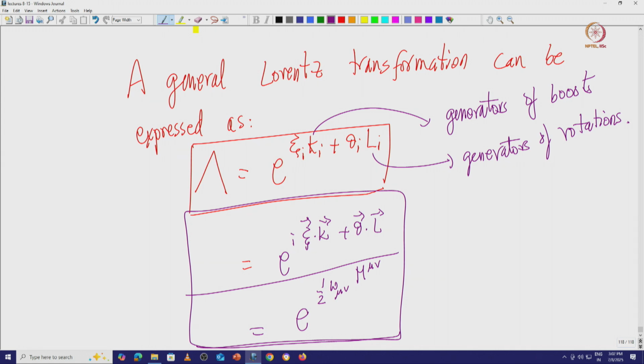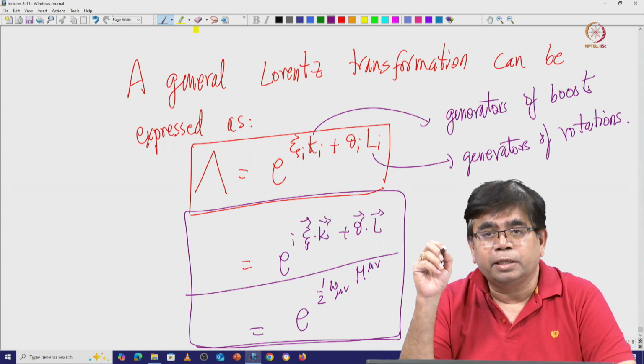Now the important point is that the representations of the Lorentz group are essentially your particles.